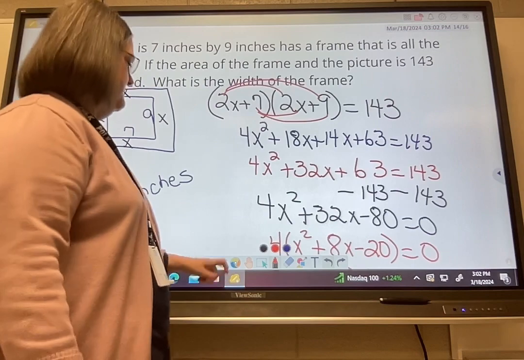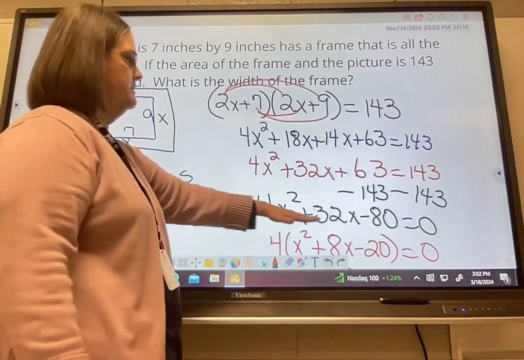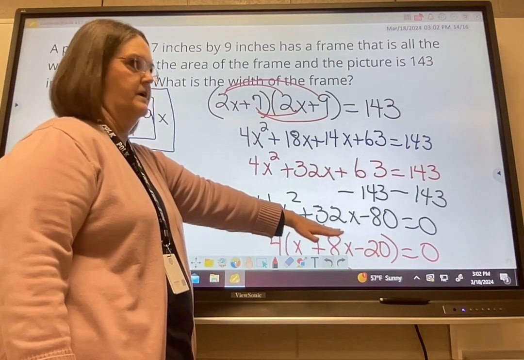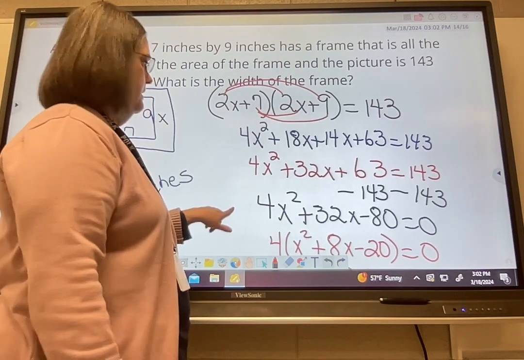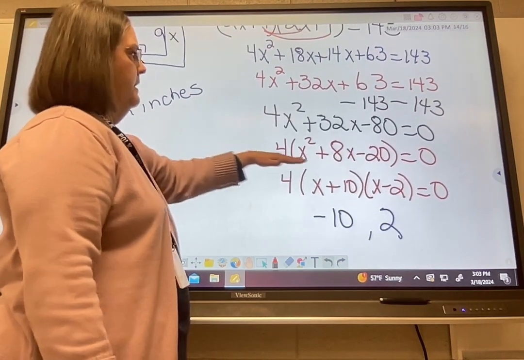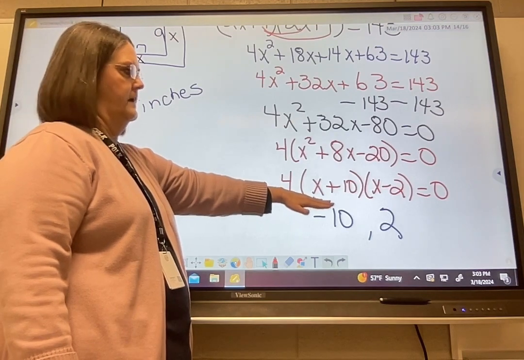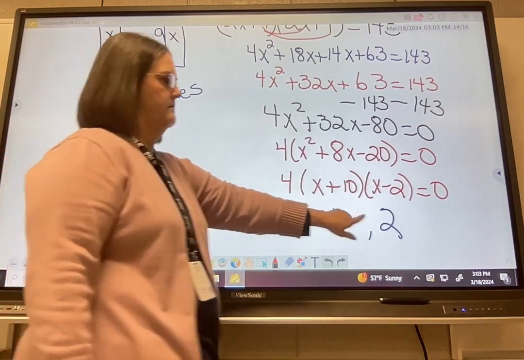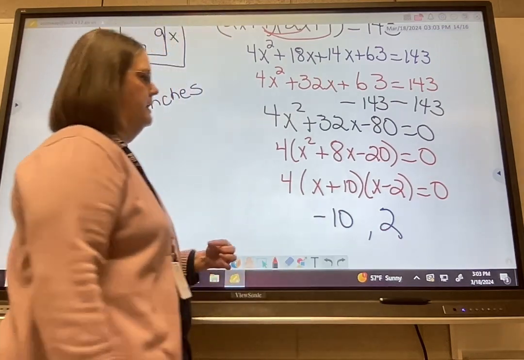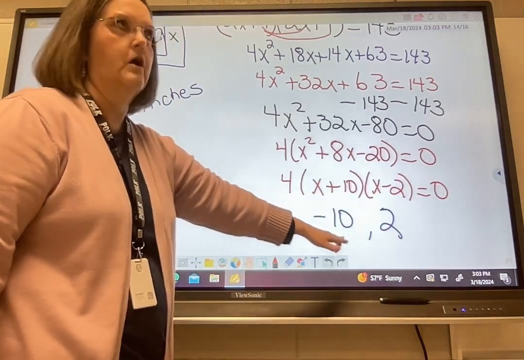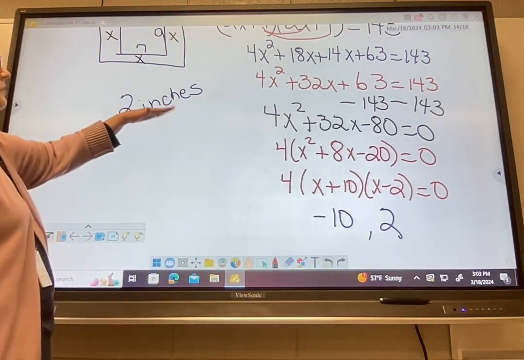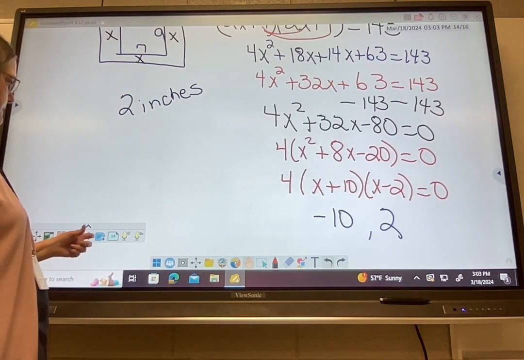Now, I solved this by factoring, but at this point you could put it into mode 5-3 and get your 2 answers. And that would be all right. But I went ahead and factored it down and used the X method, and that gave me -10 and 2. There is no such thing as -10 inches on a frame. So you lose that answer, so it's 2 inches around.